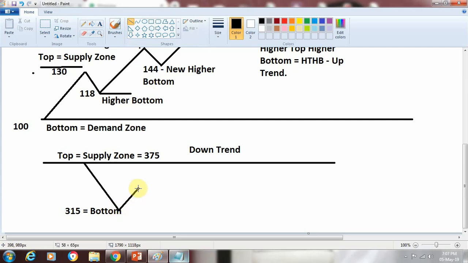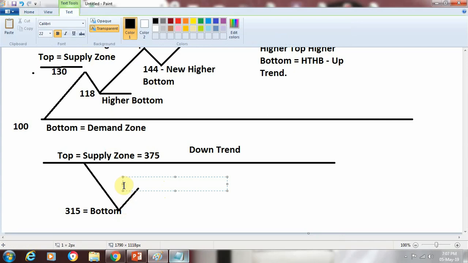So this will move a bit higher, and say this forms a price at around 340. At 340 now we get a lower top or a lower supply zone. Earlier my top was 375, now it is 340, so I get a lower top than my previous top.